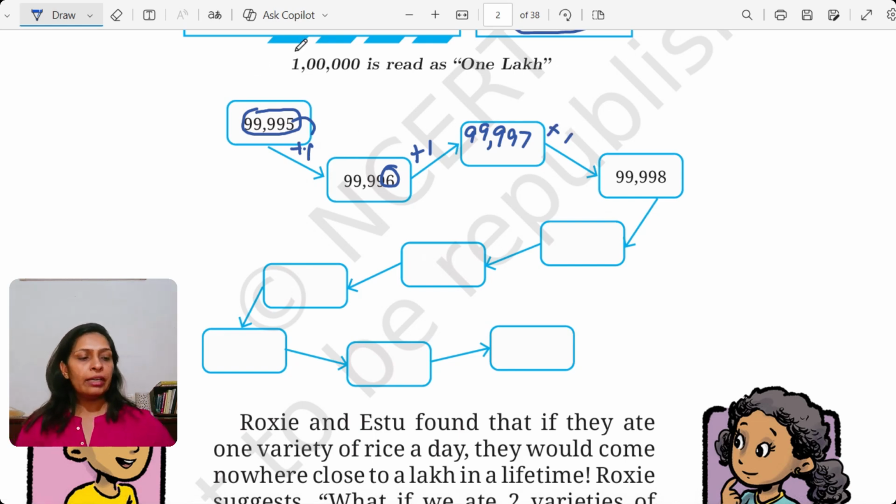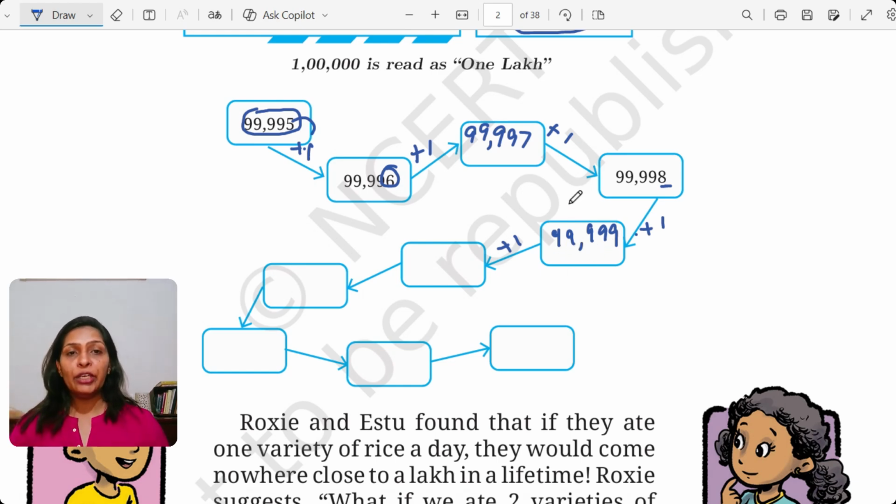So they have already filled up the next numbers here for us. And this is again going to be plus 1. In all the numbers, we have to keep adding 1. So you can see that only the last digit is changing. So this number is going to be 99,999. So the next numbers we keep on getting.